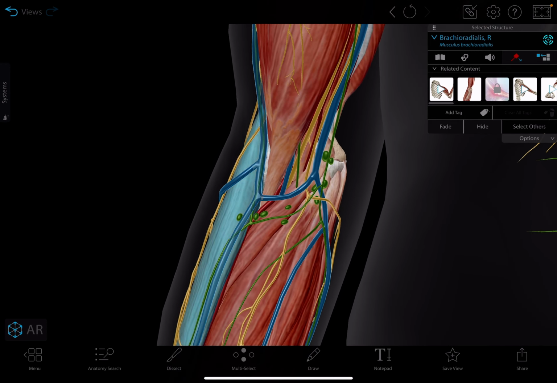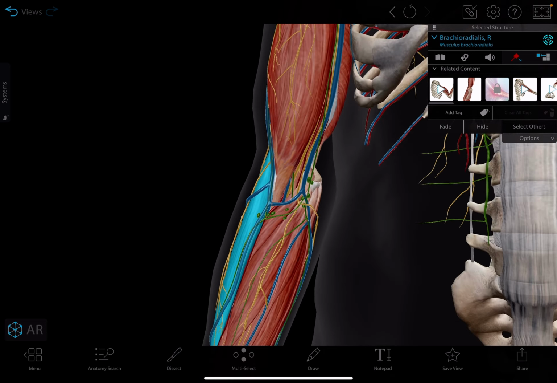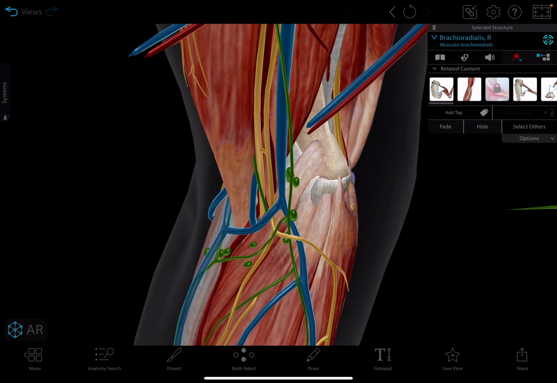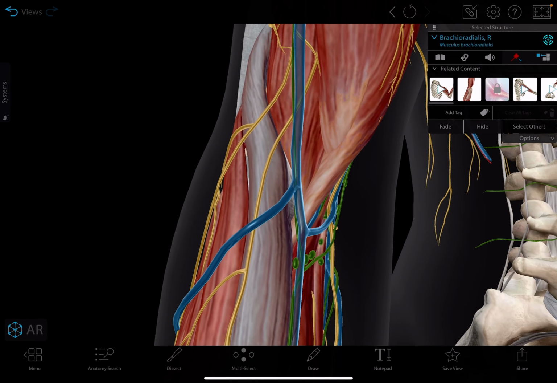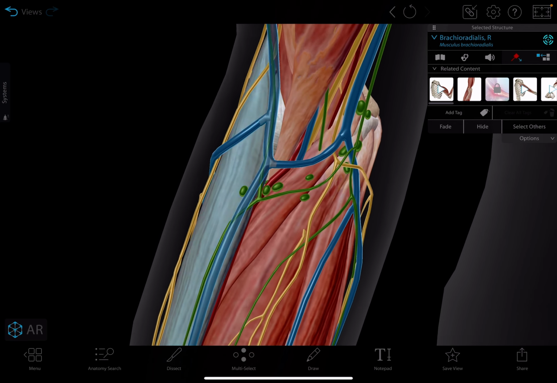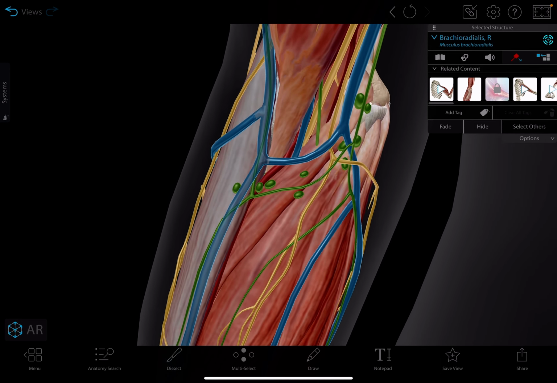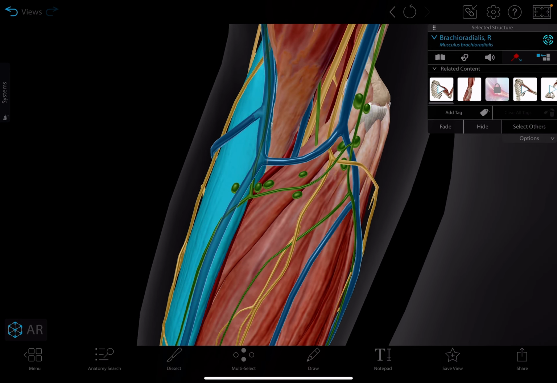So this is the medial boundary formed by the pronator teres, and this is the lateral boundary formed by the brachioradialis muscle. The base of the cubital fossa is formed by an imaginary line extending from the medial epicondyle to the lateral epicondyle of the humerus, and the point where the pronator teres and the brachioradialis meet is the apex of the cubital fossa.